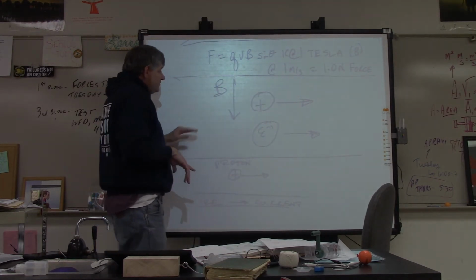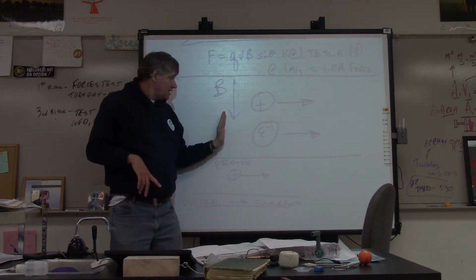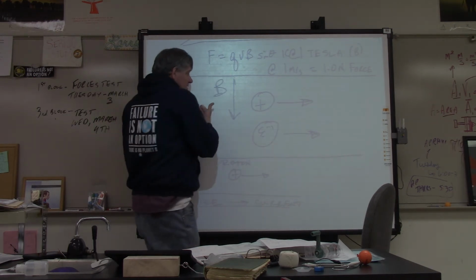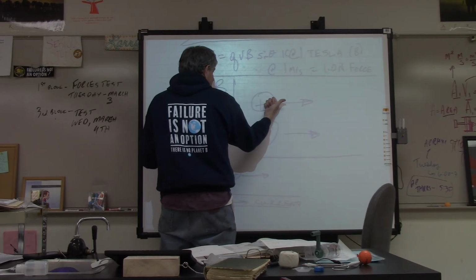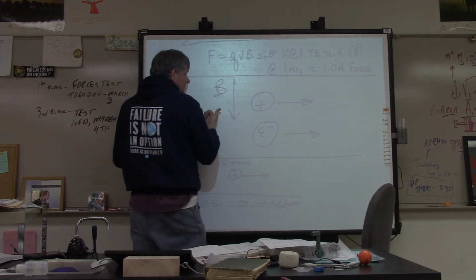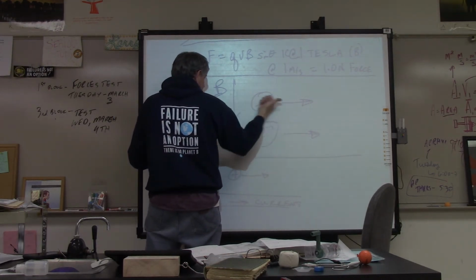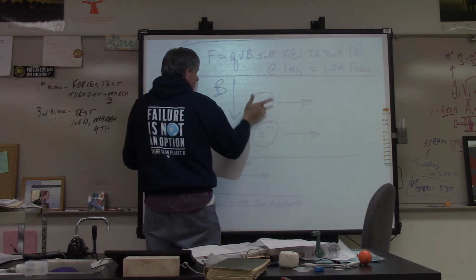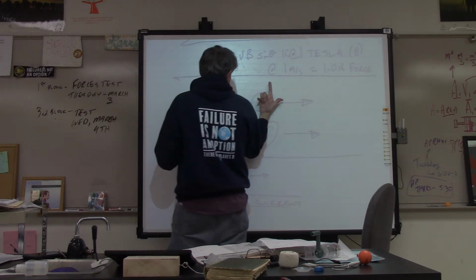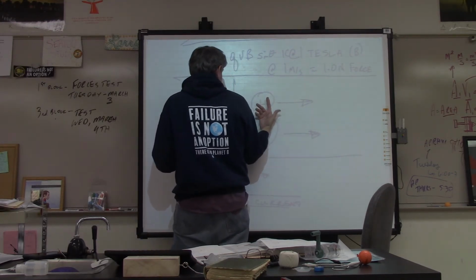Now, if you reverse the magnetic field and you pointed it up, and you have a positive charged particle like this, the magnetic field, this is tough to do, would be pointing, hold on.